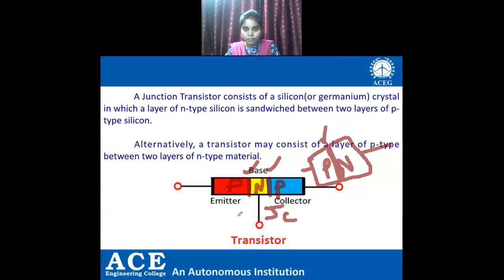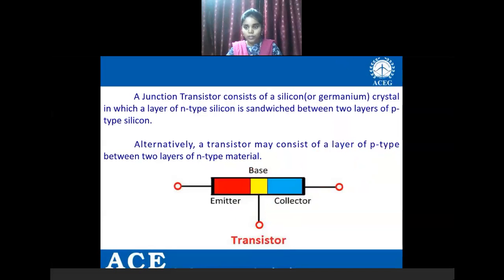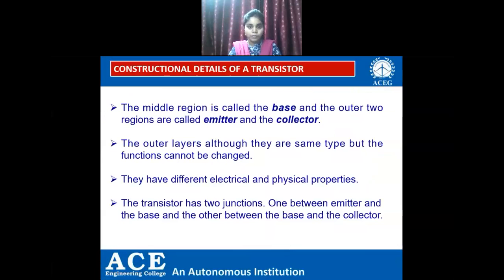Junction JC between base and collector, junction JE between our emitter and base. Clear? Now that is what is mentioned in this last point. The transistor has two junctions, one between emitter and base and the other between base and the collector.